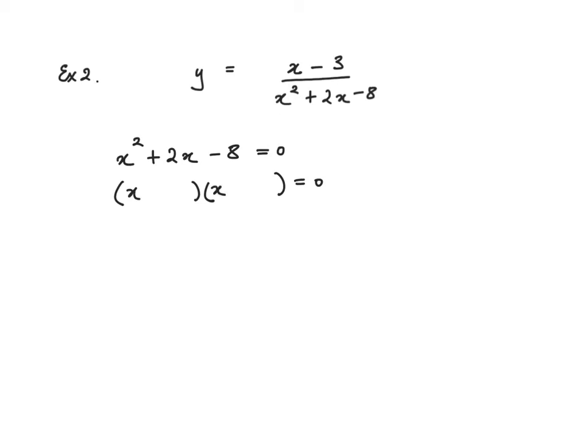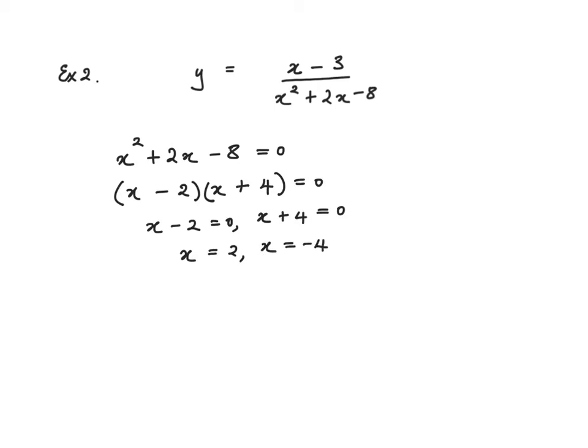So that's going to be factors of 8, that'll be 4 and 2. We want a plus 2, so it'll be plus 4 and minus 2. Then x minus 2 equals 0 and x plus 4 equals 0. So x equals 2 and x equals minus 4.